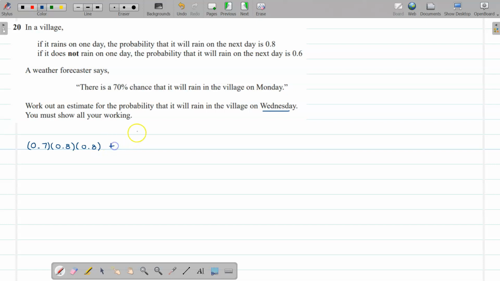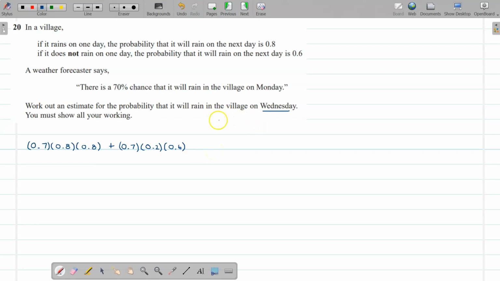Or, so we put a plus sign, it could rain on Monday but not rain on Tuesday, which would give me 0.2 probability, but rain on Wednesday, which makes the probability of raining on Wednesday now only 0.6.